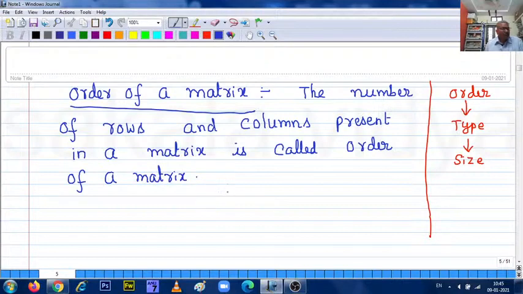Order of a matrix. So now, note it down.